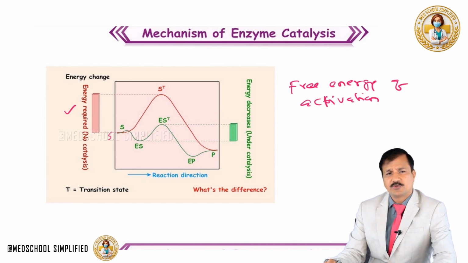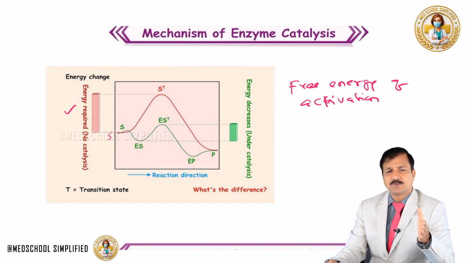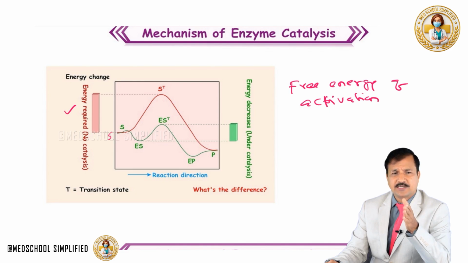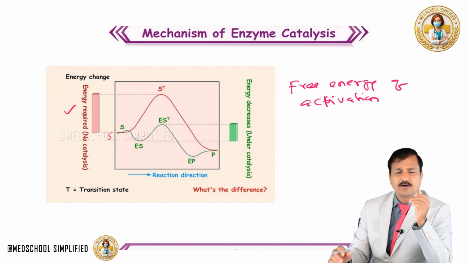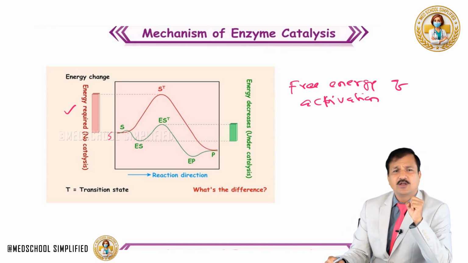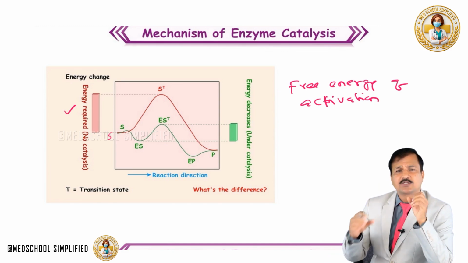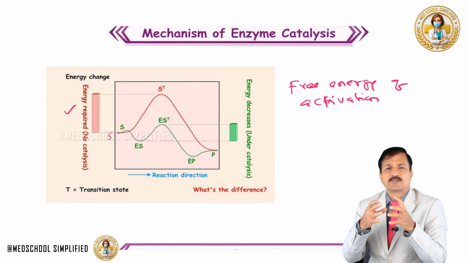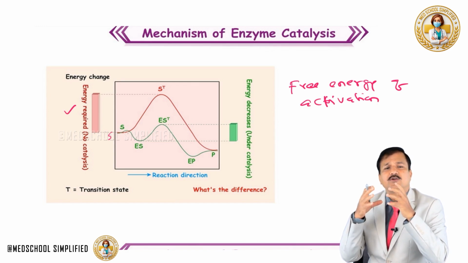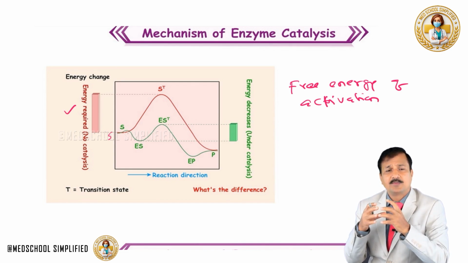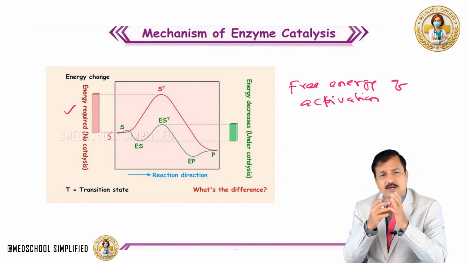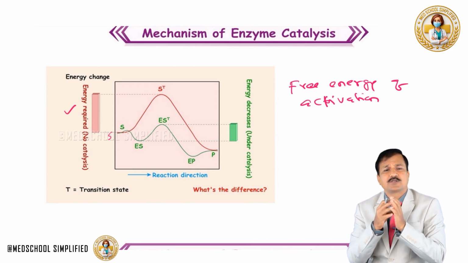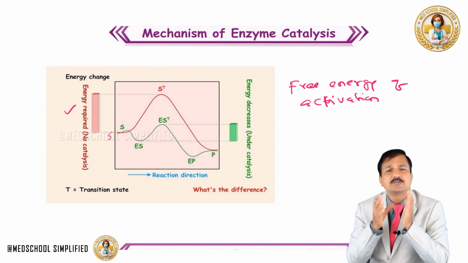Now let's see what enzymes will do. Enzymes bind with the substrate to make the enzyme-substrate complex, as you see here in the green line in the figure, where the initial bond formation is going on. That leads to a conformational change in the active site of the enzyme, making more and more additional bonds as we have seen in the previous slide, and that takes the substrate into the transition state much earlier, because the additional bonds forming between enzyme and substrate release energy called binding energy.